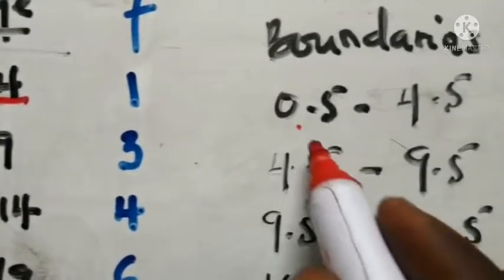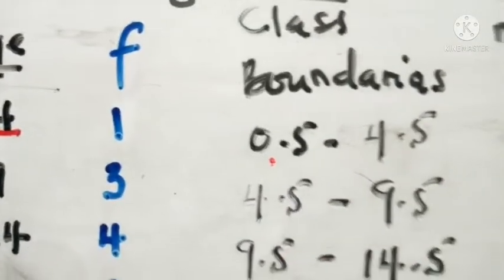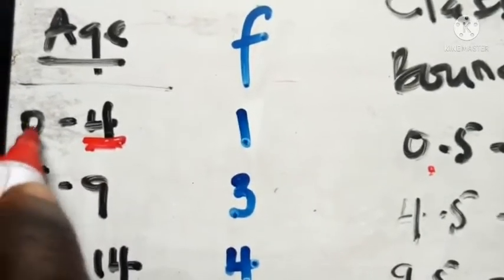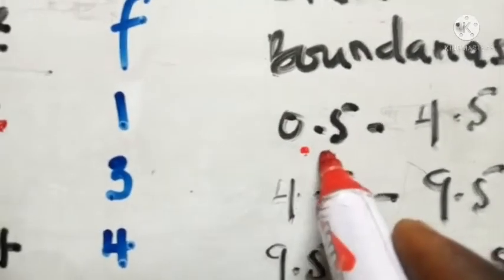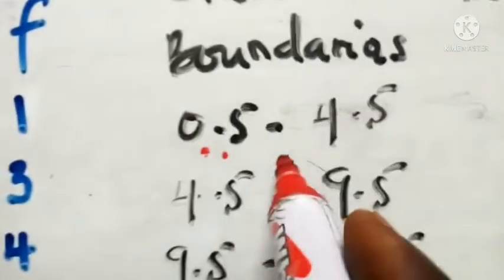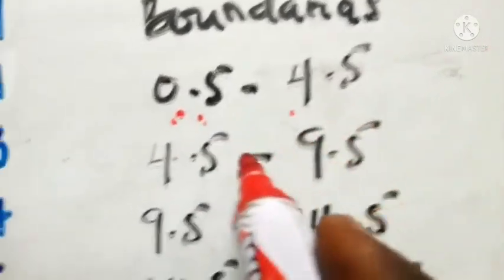So for that reason, we are starting from 0.5, and then you add that 0.5 to the upper one. The small boy here is 0, but because we don't have any 0 age in this way, we are starting from 0.5, and then we add a 0.5 to the upper one. So that is 0.5 to 4.5.